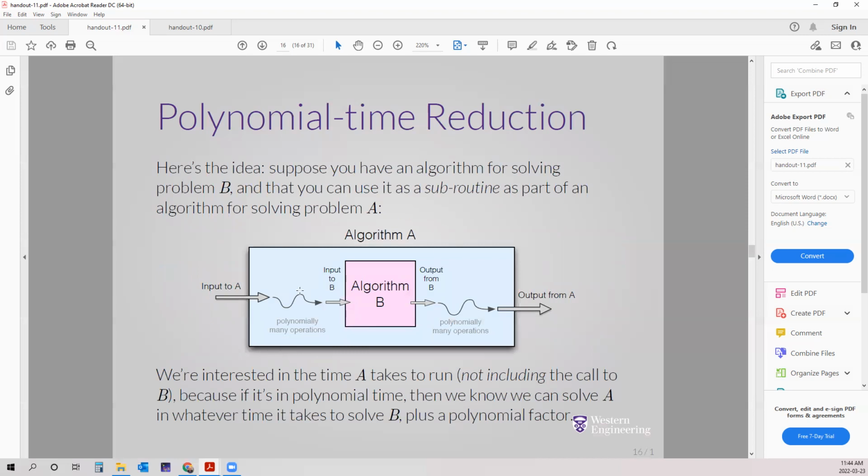We have algorithm A, we can input to problem B, then the output from B in a polynomial operation gives the output for A. We are interested in the time A takes to run, not including the call to B, because if it is polynomial time, then we know that we can solve A in whatever time it takes to solve B, plus a polynomial factor.